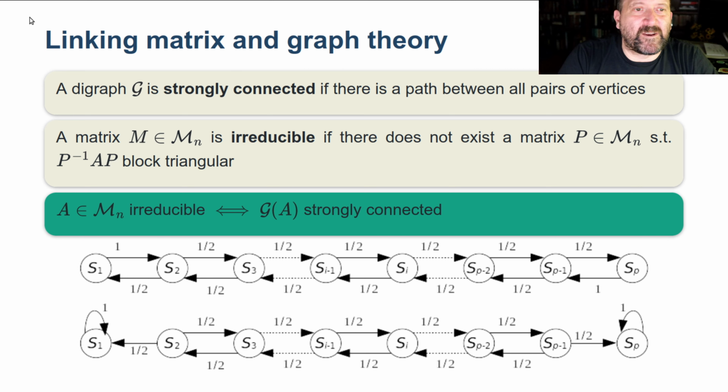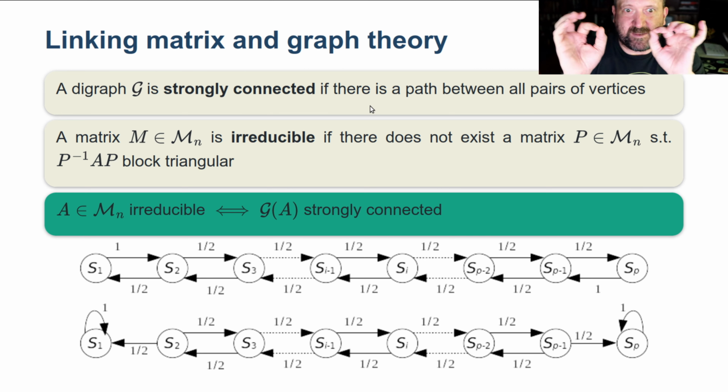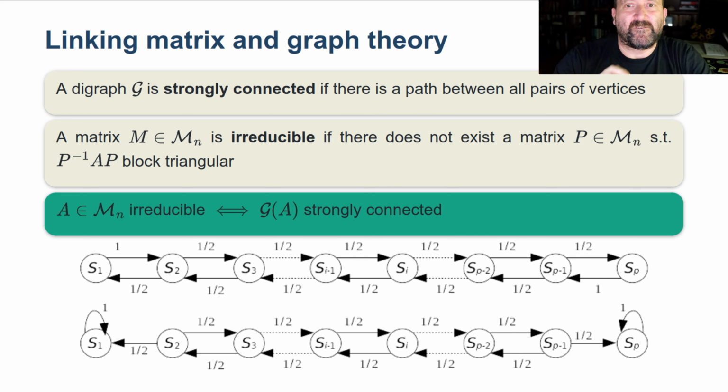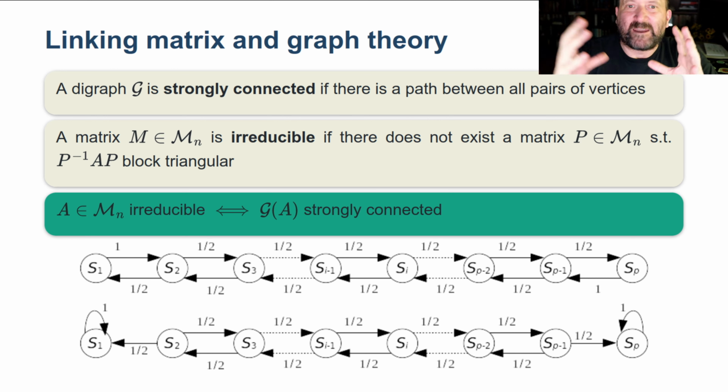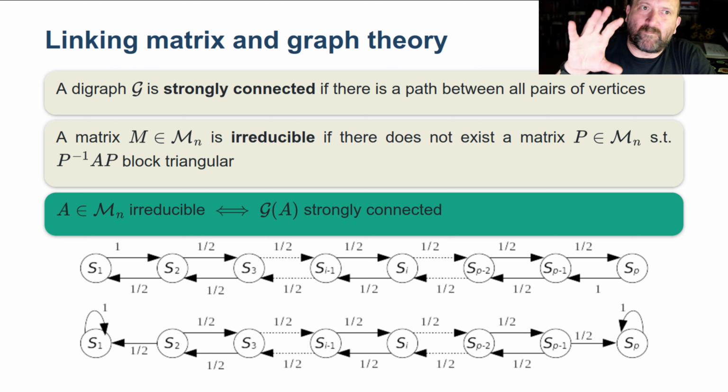So we say that a digraph, a directed graph, is strongly connected if you take any pair of vertices and you can find a path between these pair of vertices. Okay, and we say that a matrix is irreducible if I can't find a permutation such that the matrix can be written as a block triangular matrix. Okay, block triangular, upper or lower, it doesn't matter.